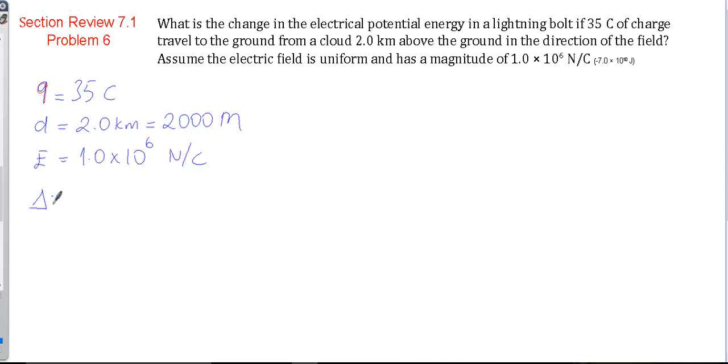So the change in the potential energy is wanted. What is the change in potential energy?